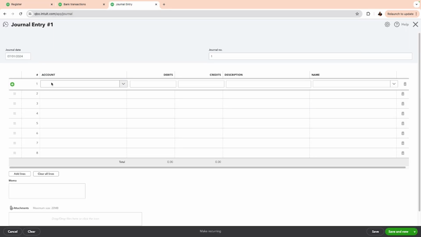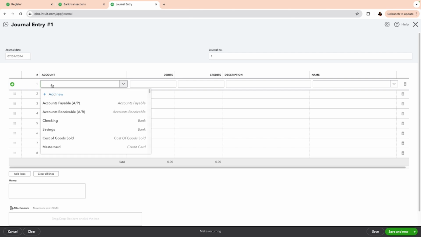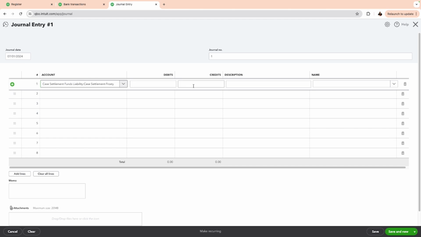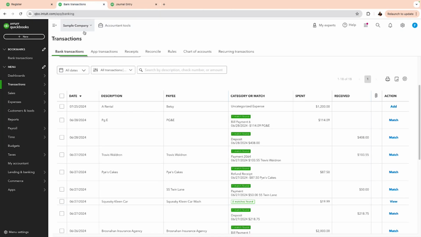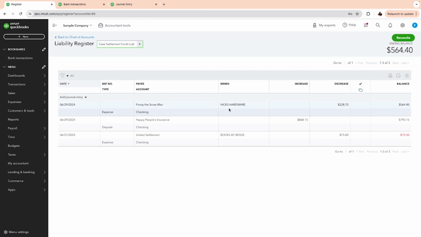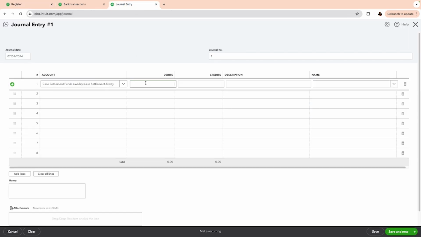So we're gonna do July 1st, and I'm gonna take out of that settlement account, and I am going to debit because it is a liability. So when I debit, I lower the amount, and I'm gonna put the remaining balance on the account of $564.40.